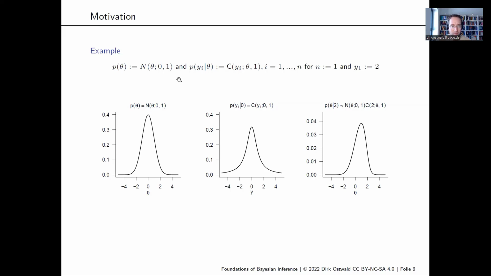The prior was centered on 0, the variance was 1, and you make the observation 2. If you look at this function here, you see that a lot of, not probability density, but a lot of area under the curve is located here towards 2. It's a little bit, of course, also biased towards 0.